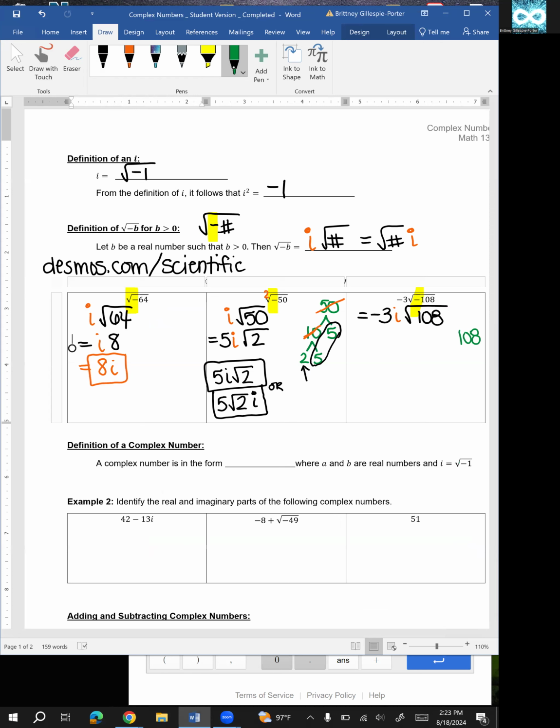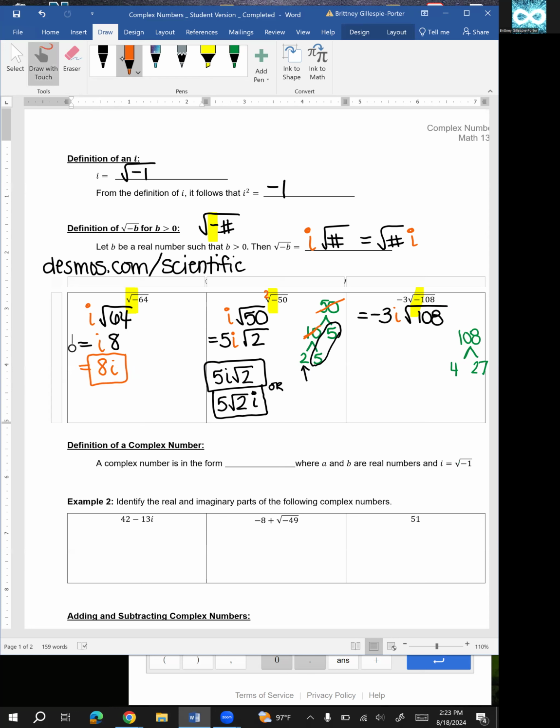You can break this down however you would like. If you want to start with 2 and 54, you can. If you want to start with 4 and 27, you can. I'm going to do 4 and 27.